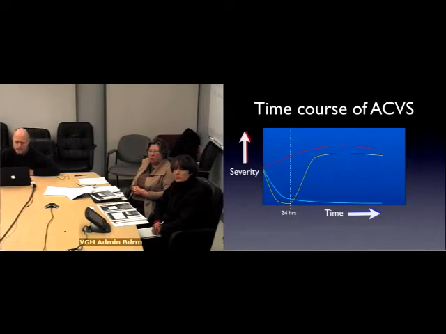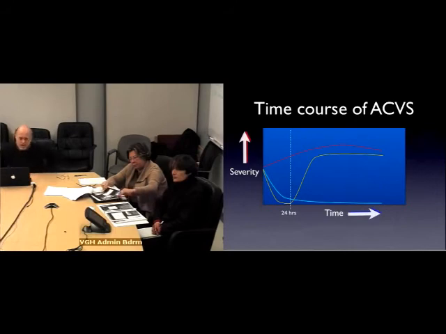And then the third one, the blue one, the cold stroke, it starts off severe and goes down over time. Over the course of a few days, it goes to zero. So you might see it a couple of weeks later and say it was a TIA. But actually, if you'd examined them at 24 hours, there was still a little bit of severity there. So it would have been a stroke. So just to make the point that you can't put too much weight on this TIA and stroke designation.